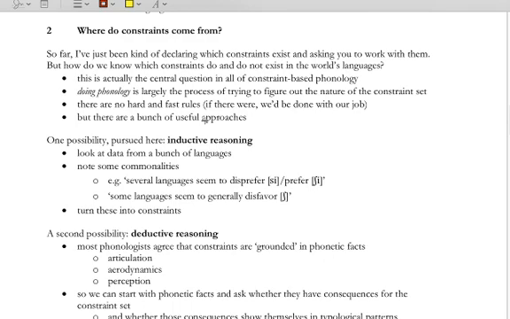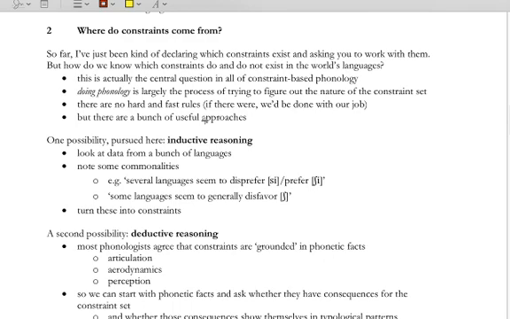With respect to phonology, this involves looking at a bunch of languages. That's what we did with the anteriority contrasts, noting some commonalities and some differences. Several languages, for instance, seem to disprefer C or to prefer she, depending on how you want to phrase that. And some languages, like Spanish, seem to generally disfavor esh.